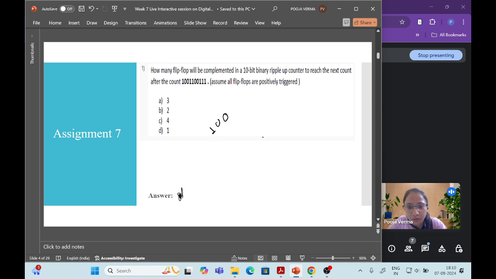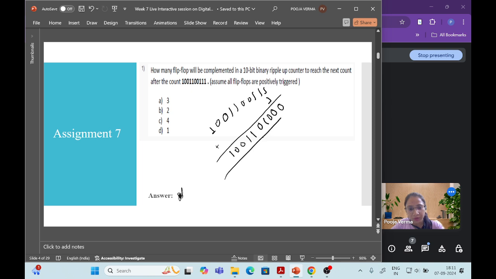1 0 0 1 1 0 1 1. In order to reach the next count, we have to apply one clock, or we can add 1, so that it is shifted to the next count, 1 0 0 1 1 1 0 0.